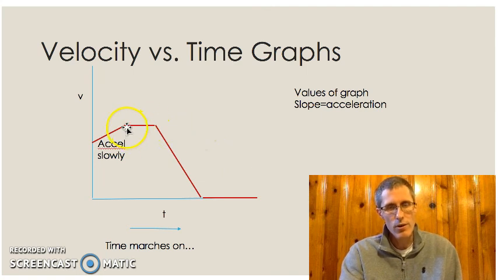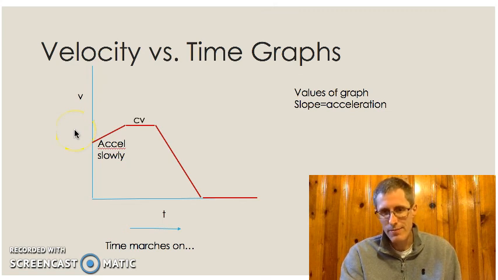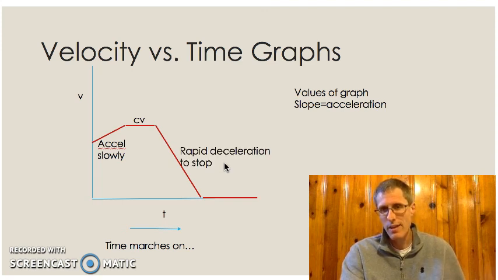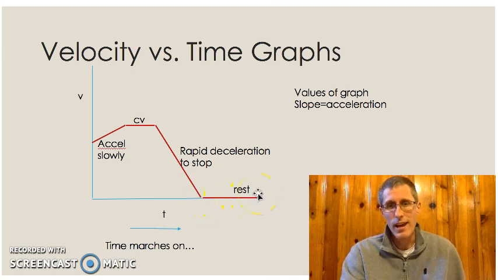Here, your value of the velocity is staying constant. The value here doesn't change. Your slope is 0. That must mean you're going at a constant velocity. And finally here, your velocity goes all the way down to 0, so you must be slowing down. Indeed, you have a negative acceleration. And finally right here, you're at rest.